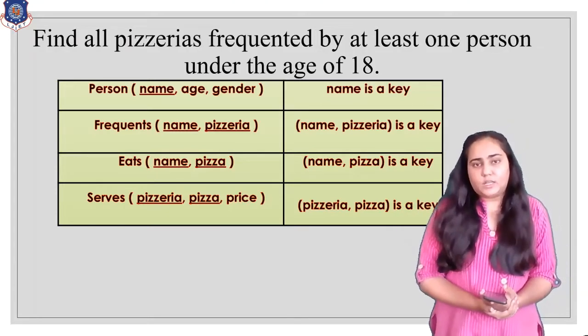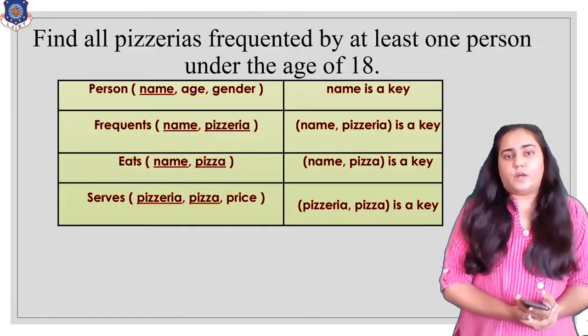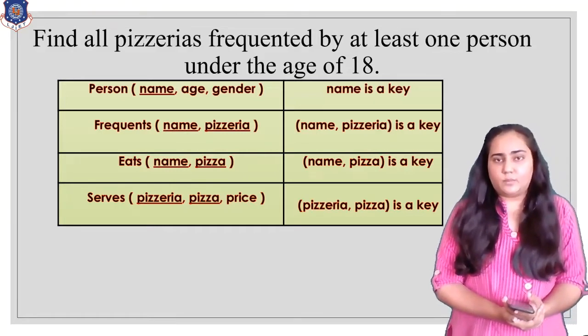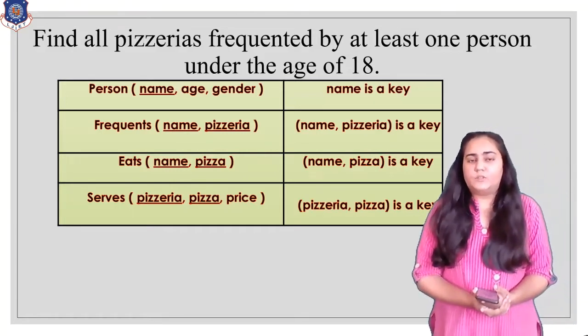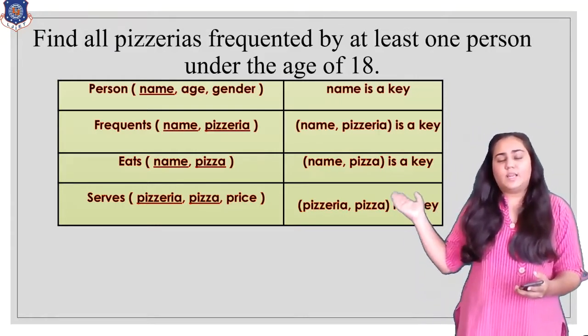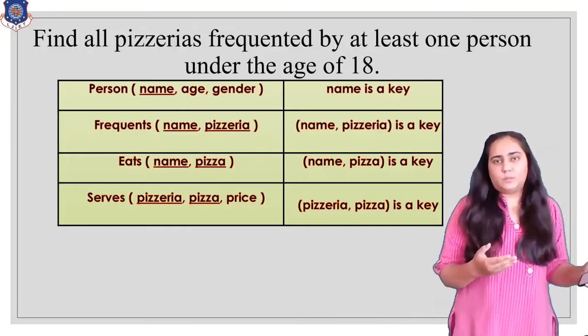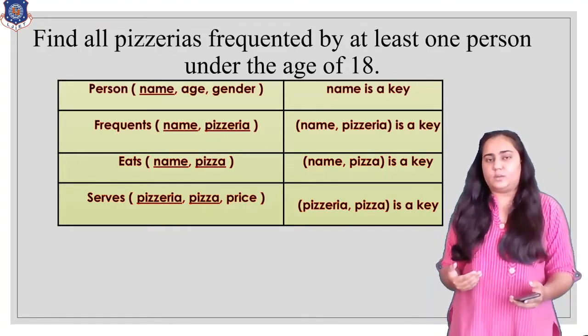So you cannot take a natural join. Natural join can only be taken if both the tables have some column that is common. So in this case, I need to take the second table, which is frequents. So I'm going to use the person table and the frequents table.